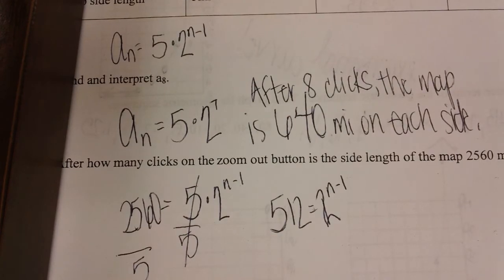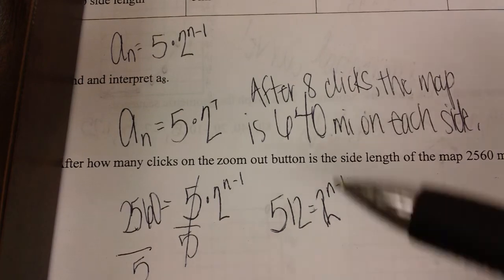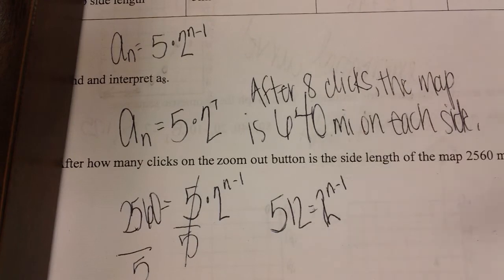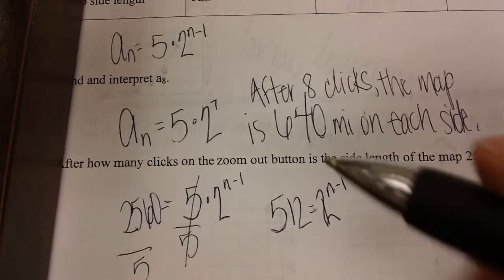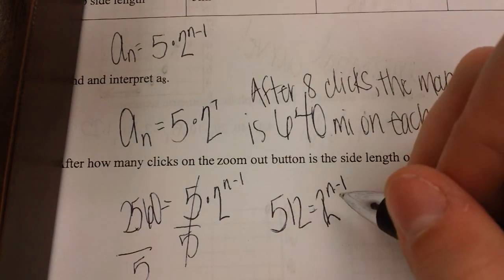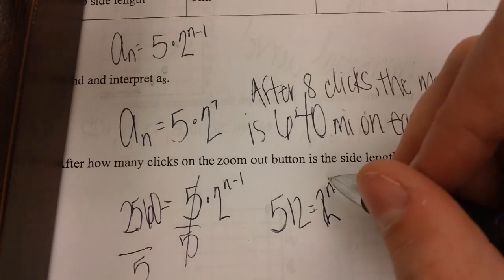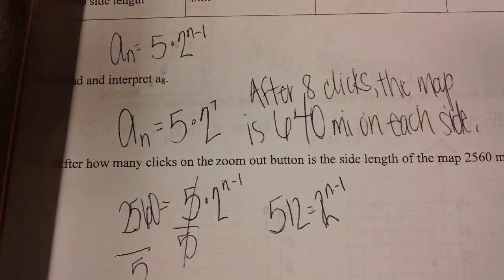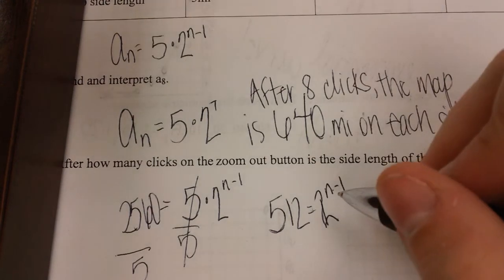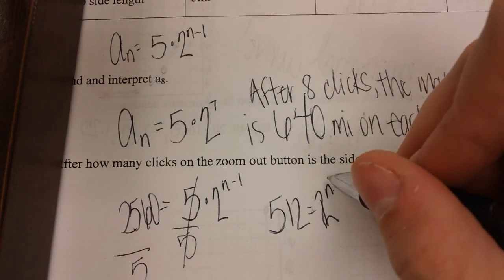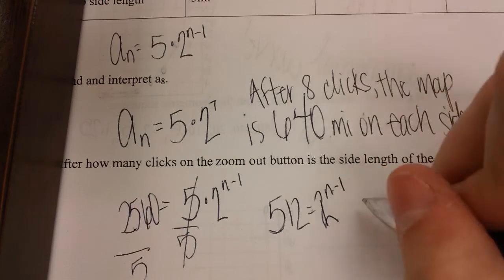And then to figure out what goes in here to get 512, I would just do a guess and check. I did 2 to the 10th, which was 1,024, so 2 to the 9th would be 512. So 9 would be n minus 1, so n is 10 clicks.